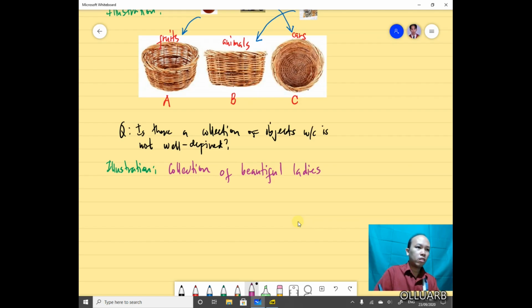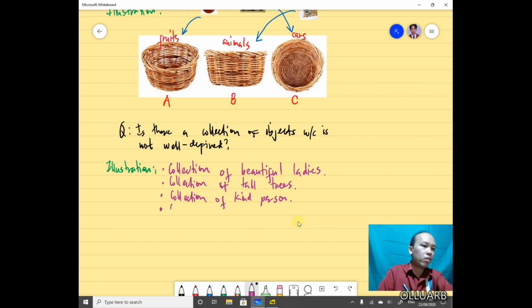Let's have another collection of tall trees. Let's have one more, a collection of kind persons.